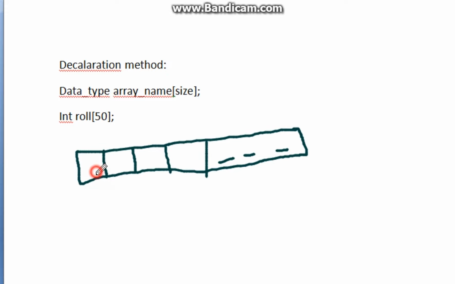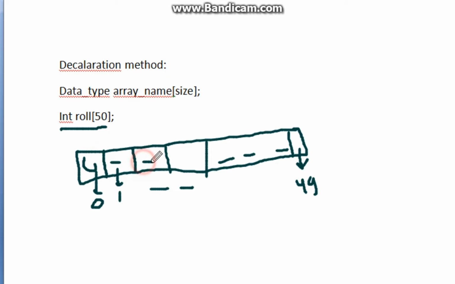This is at position 0, this is at 1, and it increases consecutively up to 49. These are called index numbers, and our index number will always start from 0.